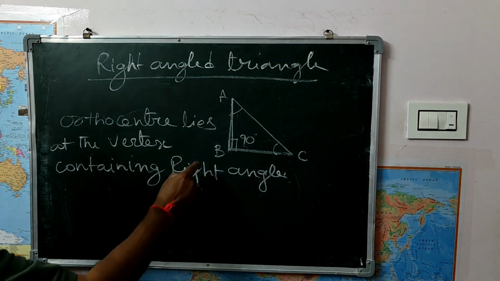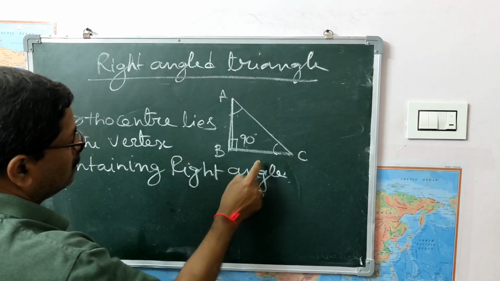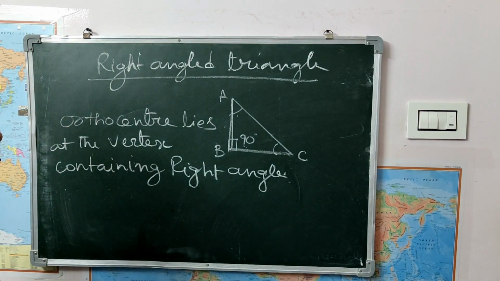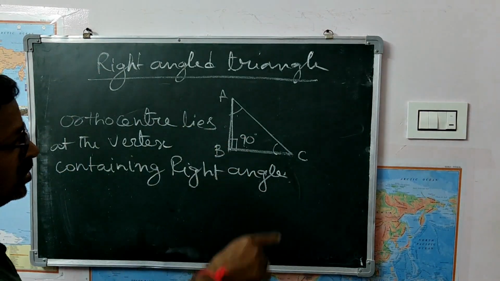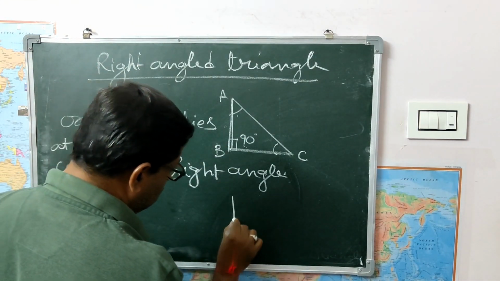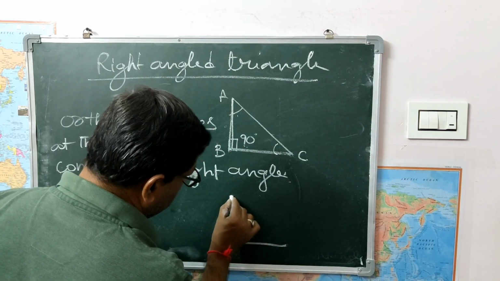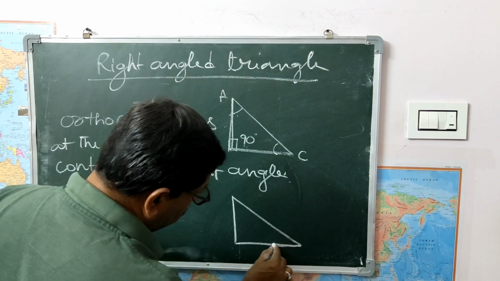There may be a chance that the two sides can be equal. In such a case, this becomes a right-angled isosceles triangle. That also we get in different examples.